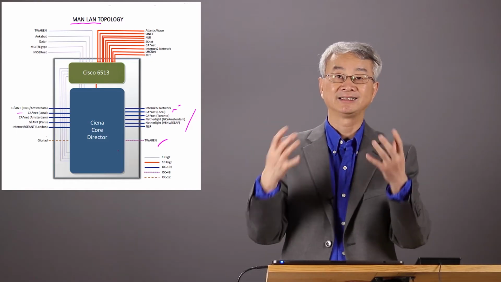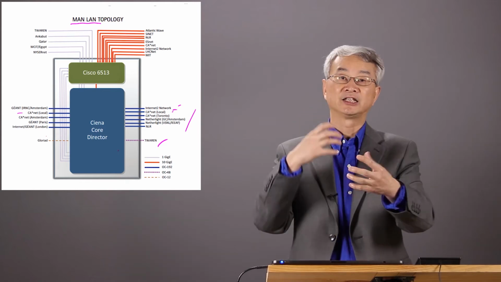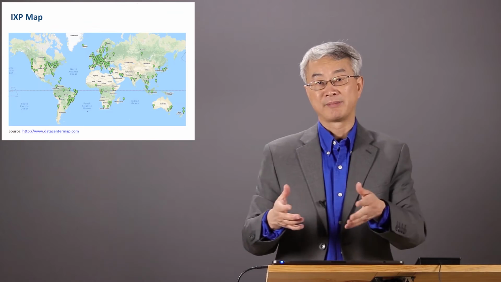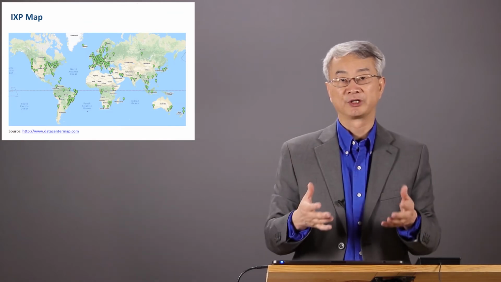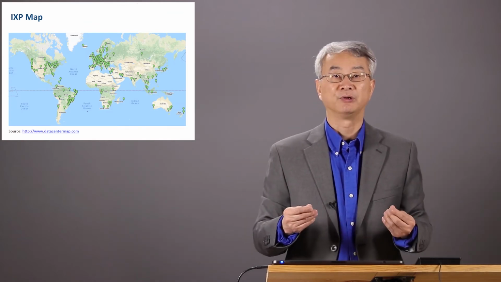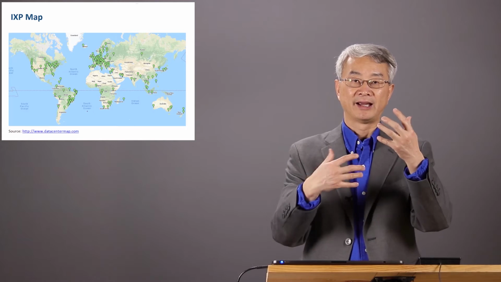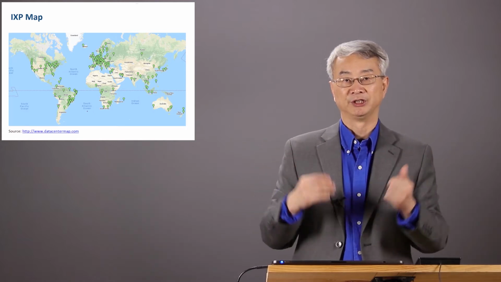That's how the internet is connected, through internet exchange points or through peering. This map shows the location of many of the internet exchange points, so you can see the autonomous systems peer with each other in many different locations.